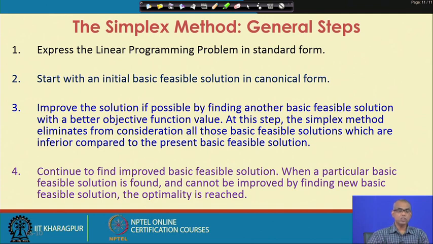The key steps are: you start with an initial basic feasible solution and then you have to find at each iteration an improved basic feasible solution than the current basic feasible solution. When we cannot do that, optimality is reached and we stop.